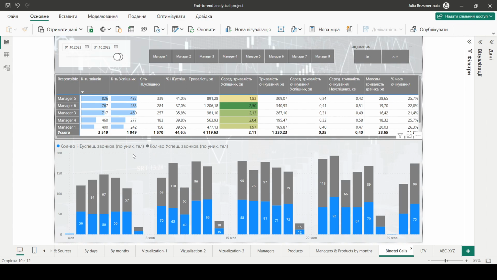And also we have some dynamic with the amount of unsuccessful calls and successful calls.